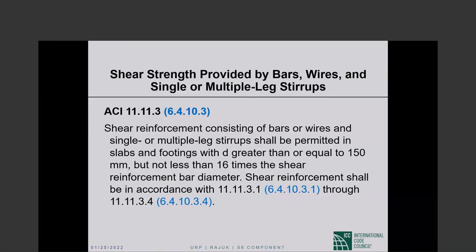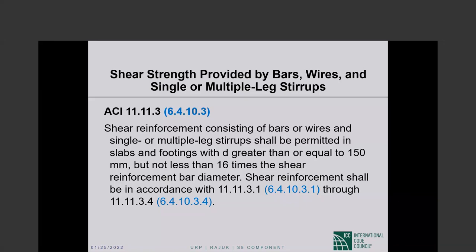Shear reinforcement consisting of bars or wires and single or multiple leg stirrups shall be permitted in slabs and footings with D greater than or equal to 150 millimeter, but not less than 16 times the shear reinforcement bar diameter. So if the slab is thinner than 16 times the shear reinforcement bar diameter, let us say bar diameter is 12, and so 16 times 12 would be 192, I think.